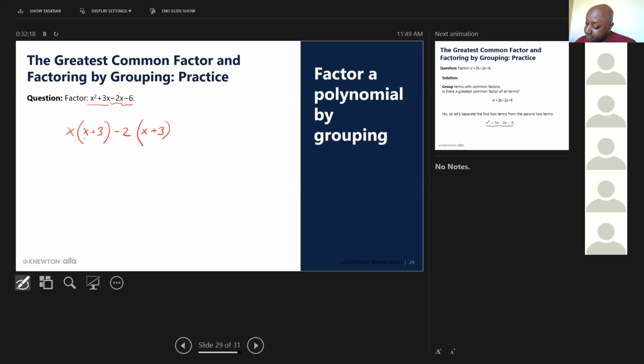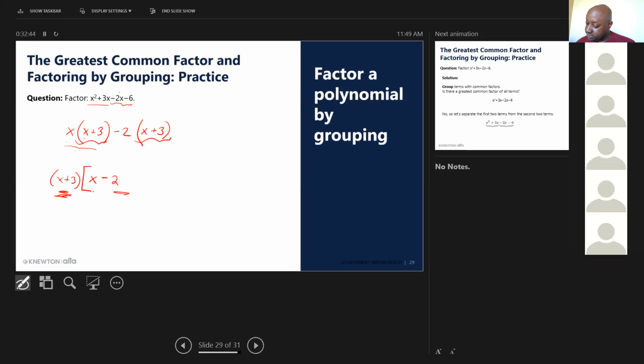And so now I have x plus 3 as a common factor. So I can factor that out, x plus 3, square bracket, x plus 3 times what gives me x times x plus 3? Well, it's just x. X plus 3 times what gives me minus 2 times x plus 3?